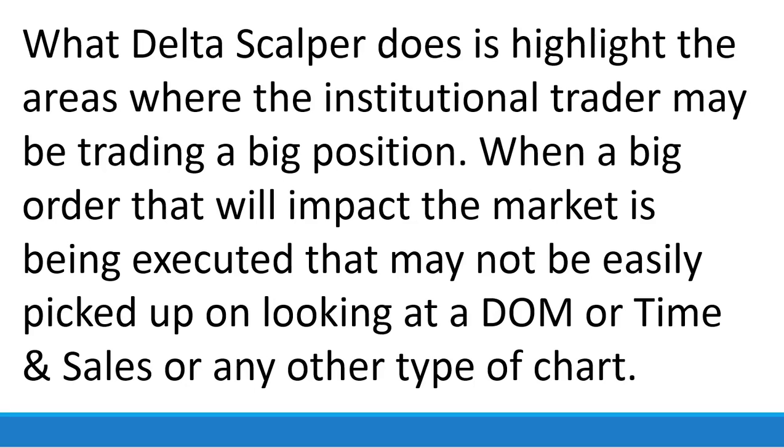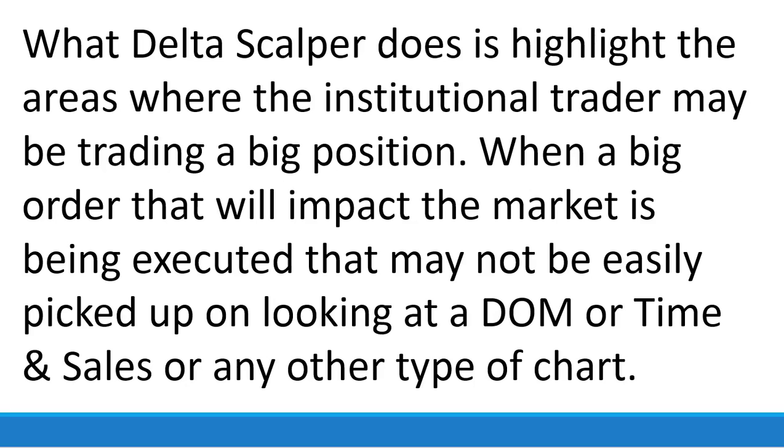When a big order that will impact the market is being executed, that may not easily be picked up if you're just looking at a DOM or time and sales or any other type of chart. If you're just looking at a bar chart, you're not going to notice the volume numbers. You're not going to notice who's being aggressive, or if it's passive or anything like that. You're not going to get that on a normal chart.